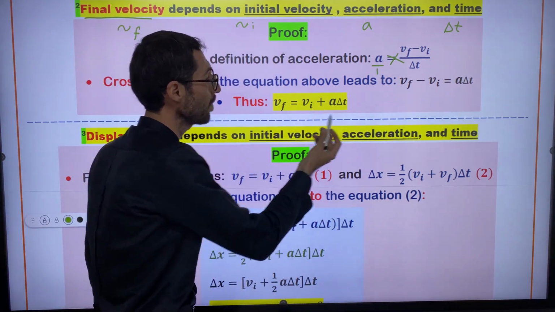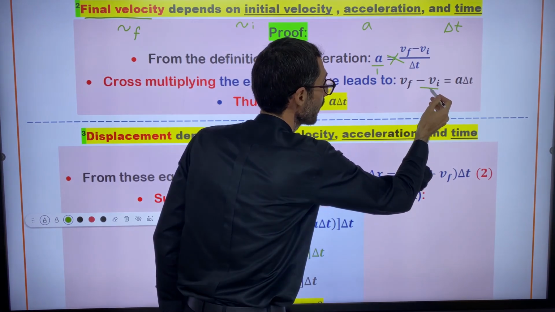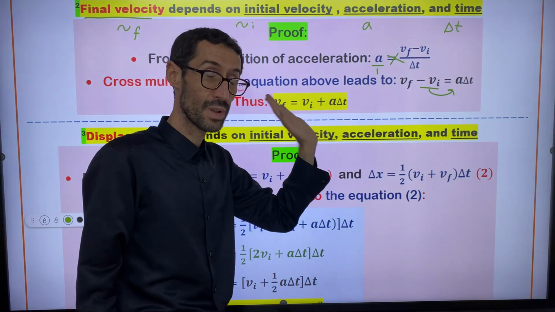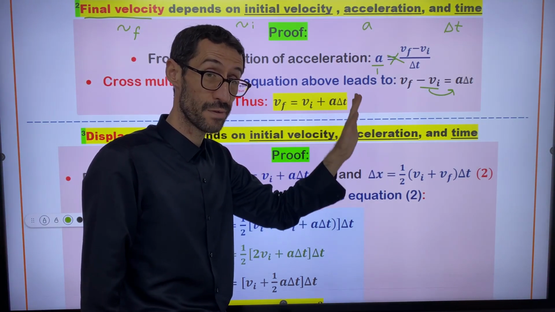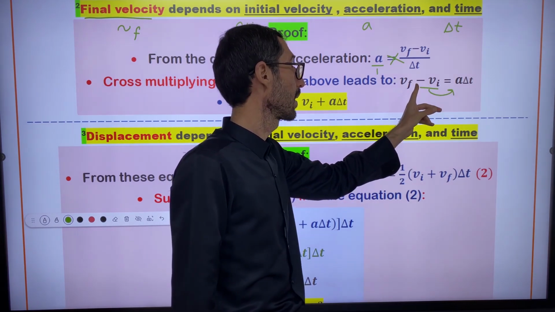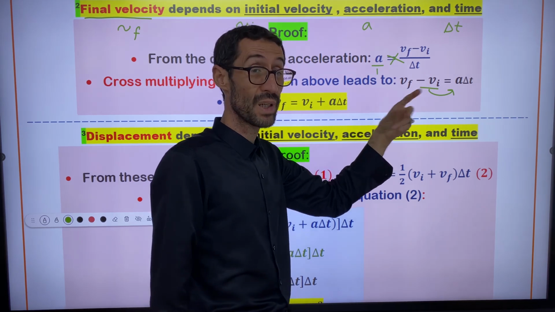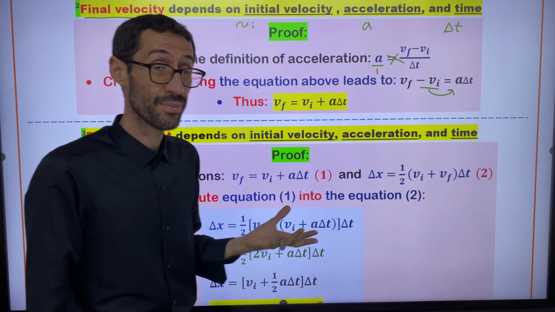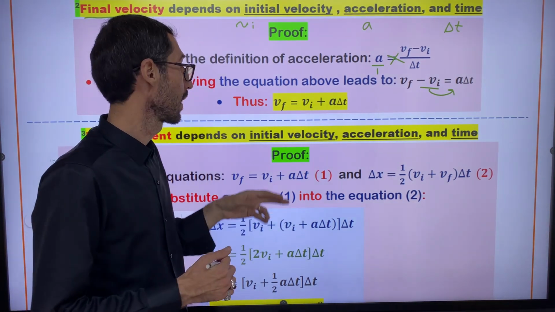The last step, I want you to bring initial velocity from the left side to the right side. Transfer it from the left side to the right side. Whenever you move it to the right side, its sign changes to positive.